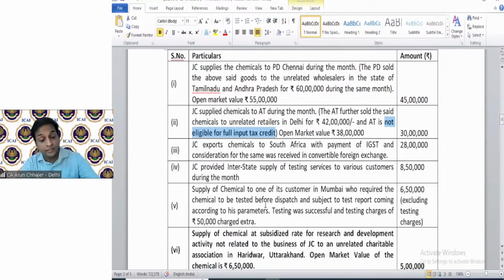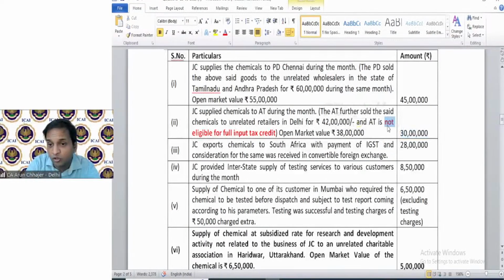Because when I refer to Rule 28, it says if the recipient is eligible for full ITC, any value declared on the invoice will be deemed to be the open market value.